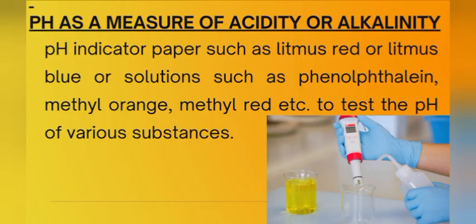When you put a drop of your indicator solution, such as methyl orange, into the substance, there is a color change. The color change tells you that this substance is an acid or this substance is a base.